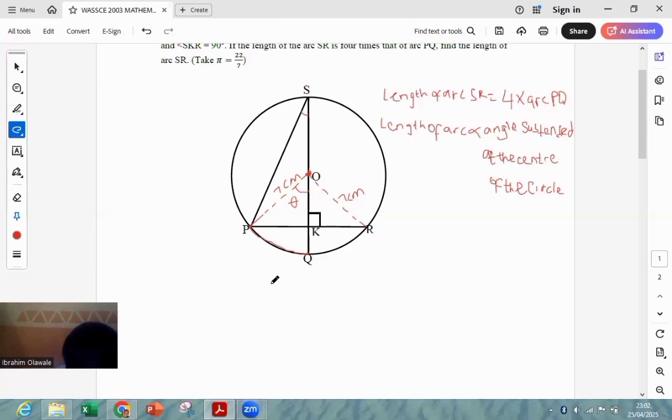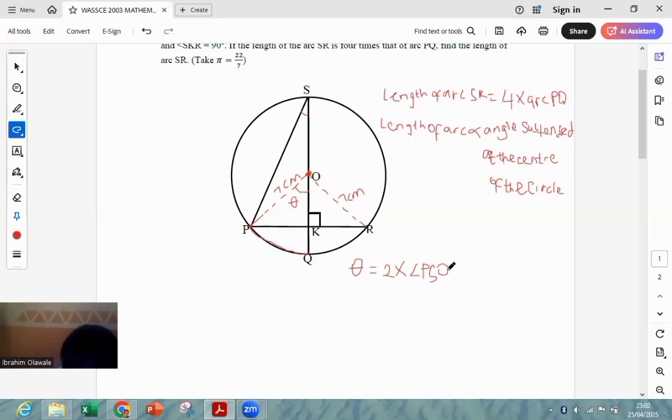By the theorem that says angle subtended at the center is twice angle at the circumference, I can say that theta, the angle subtended at the center, is two times angle PSQ.